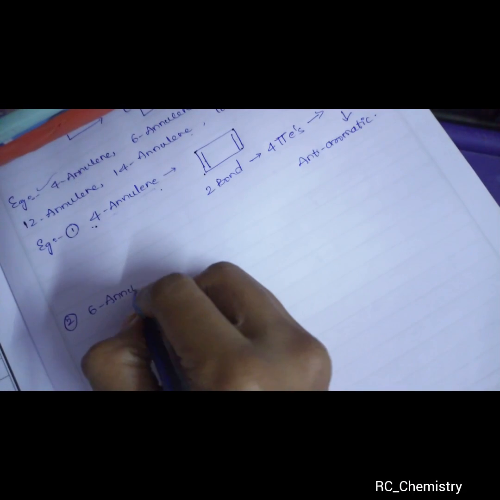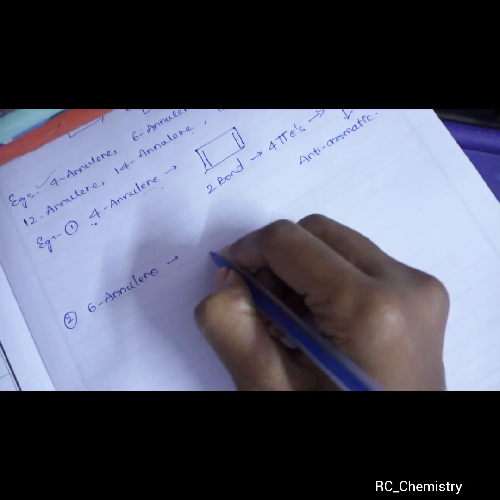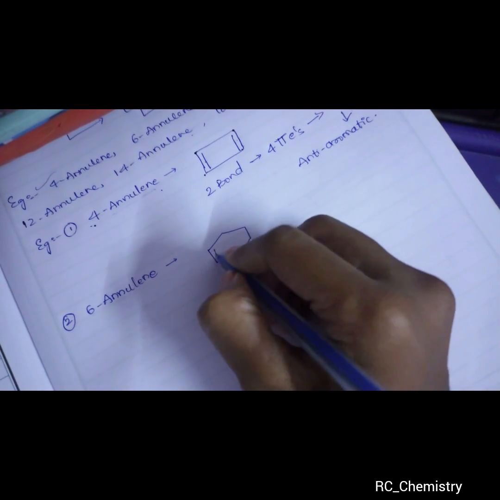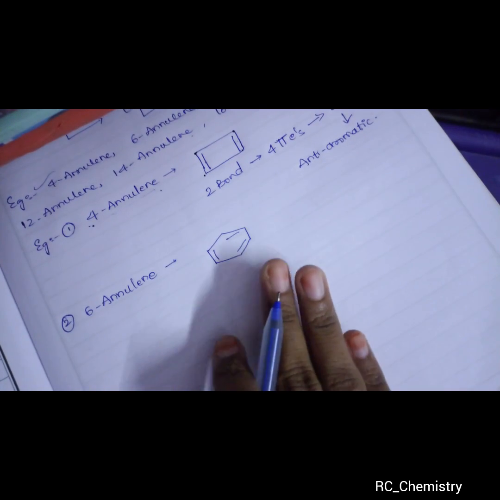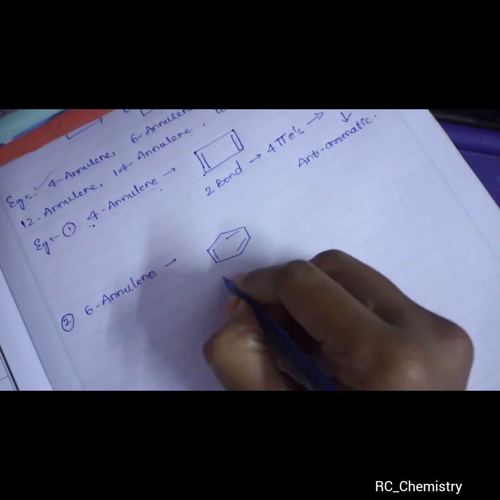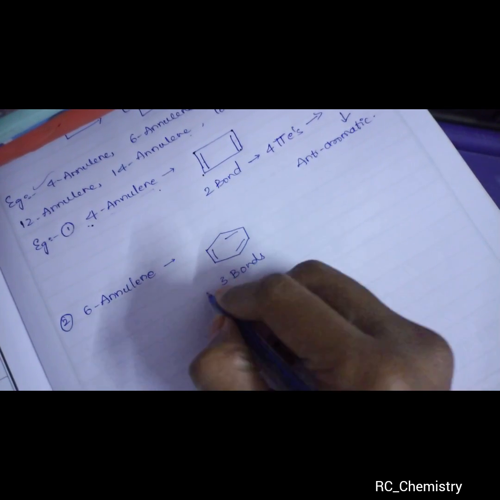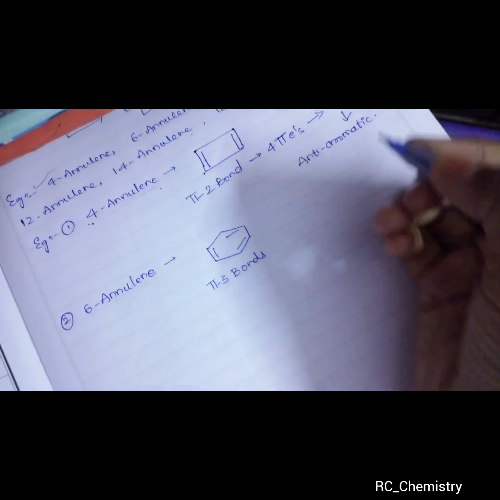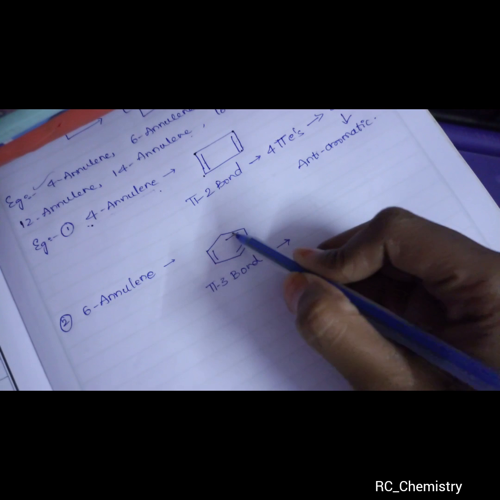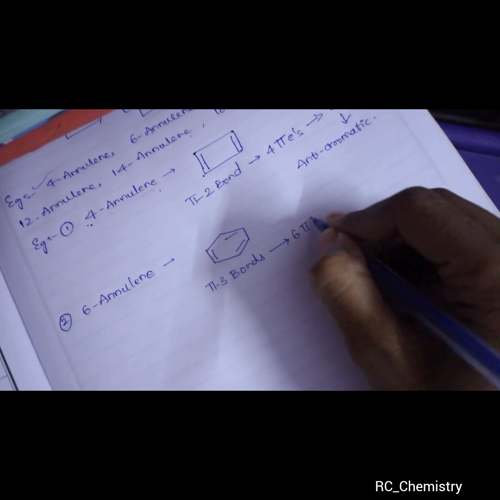From this information, we came to know that this compound is anti-aromatic in nature. Next, 6 annulene. The structure of 6 annulene will be like this. We all know that this is benzene. Now count the total number of pi bonds. There are 3 pi bonds. The total number of pi electrons is 2 plus 2, 4, 4 plus 2, 6 pi electrons.